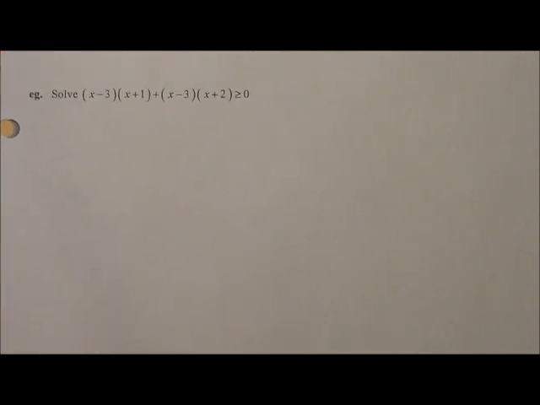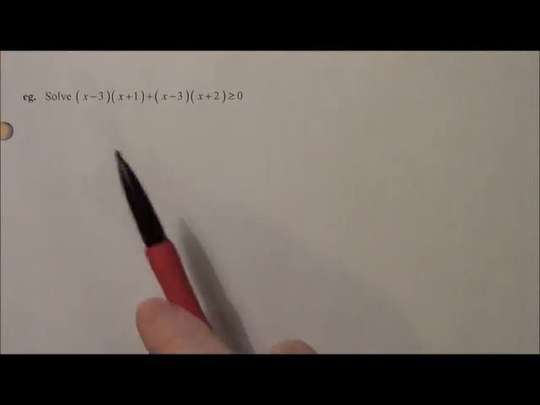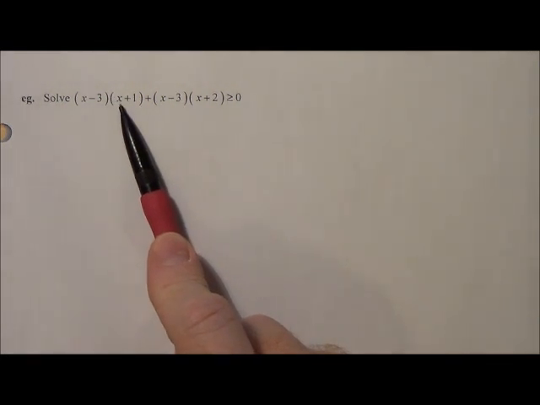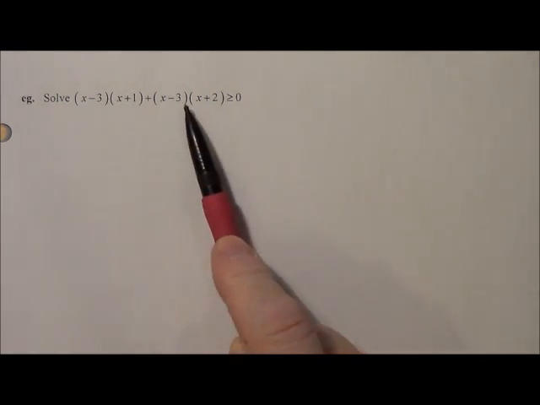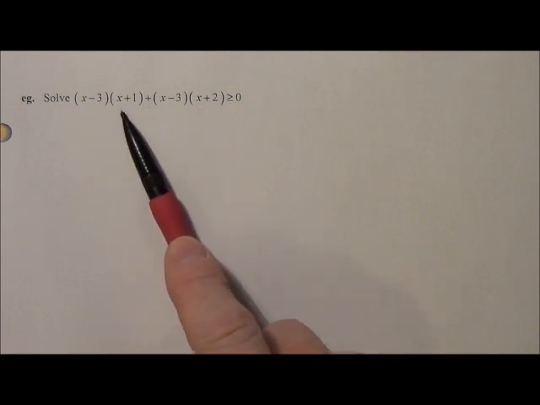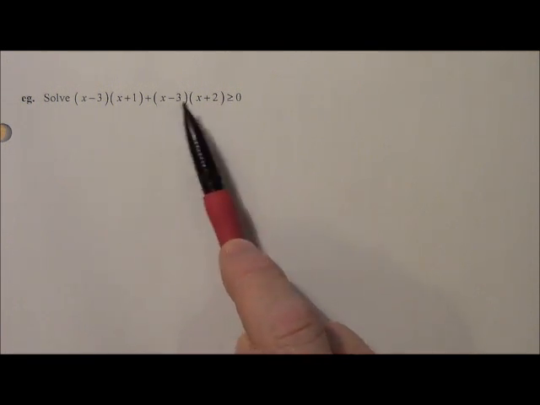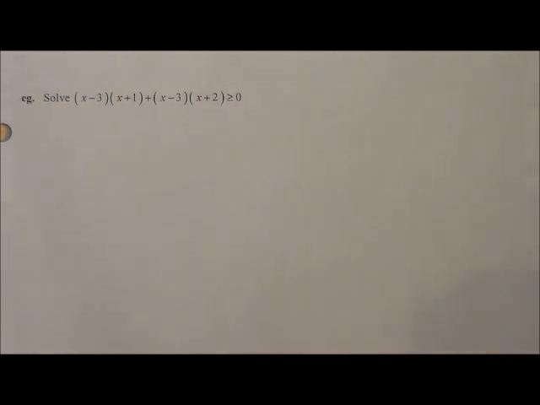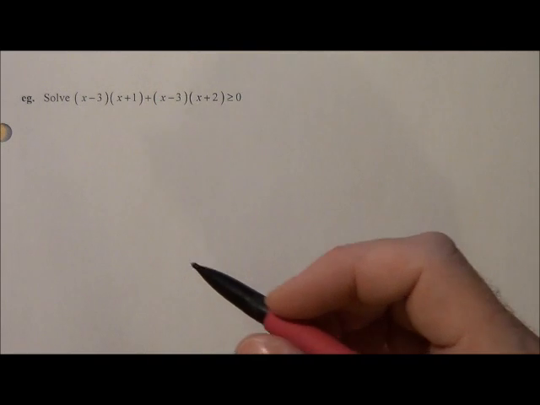Okay, so now there's a couple ways that you could do this. You could either expand out the first two brackets, expand out the second two brackets and add them together. Or what you could do is you could just identify these two terms and factor out what's common. So I'm going to do it both ways just to show you how things work.